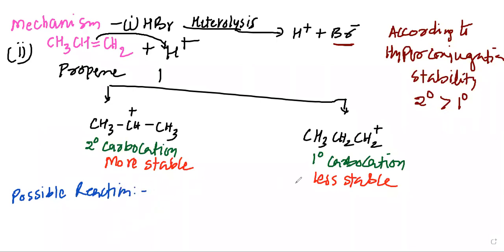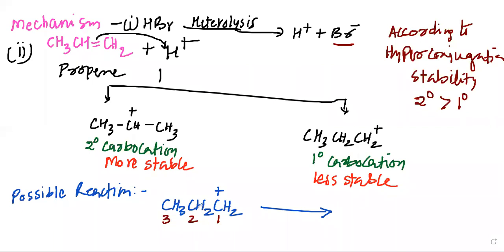What happens? This primary carbocation, CH3 CH2 CH2 plus, what does it do? It shifts one hydrogen from the second carbon to the first carbon. Let us say this is first carbon, second carbon, third carbon.